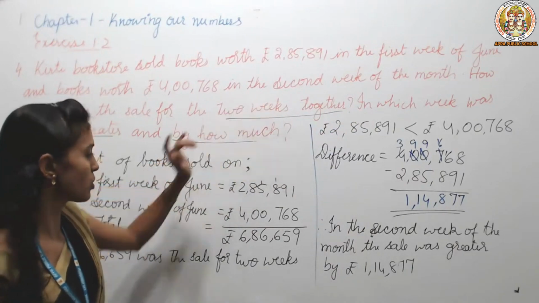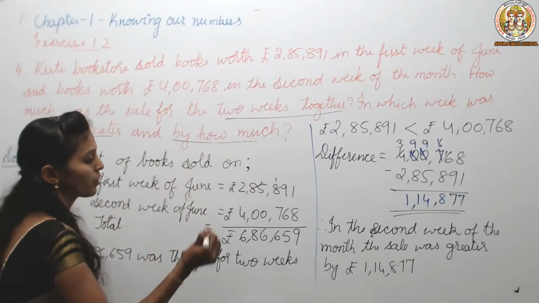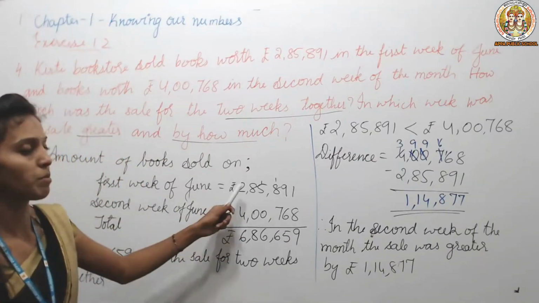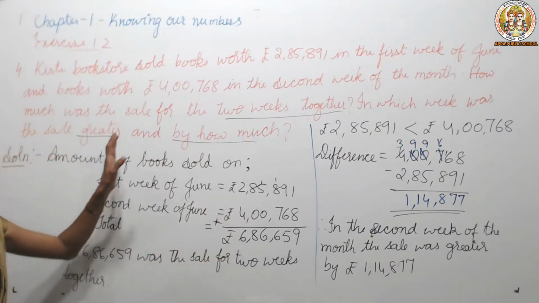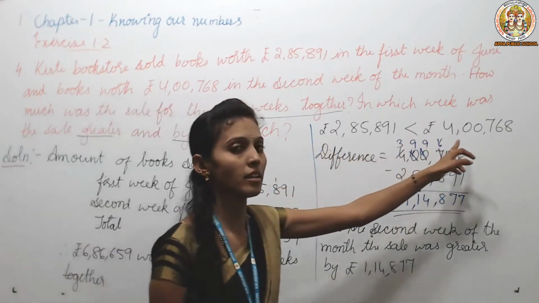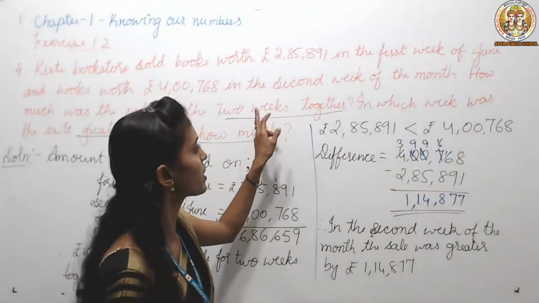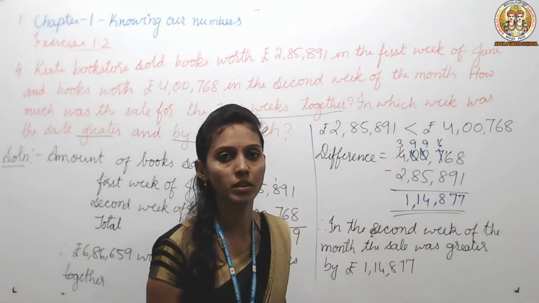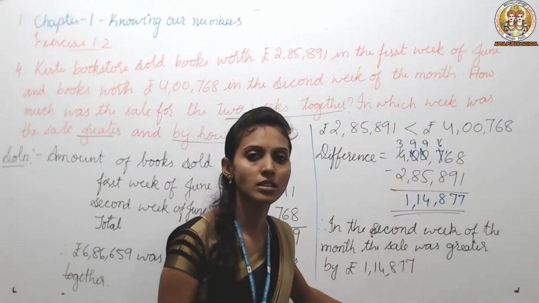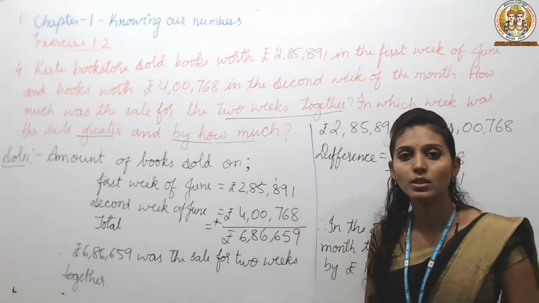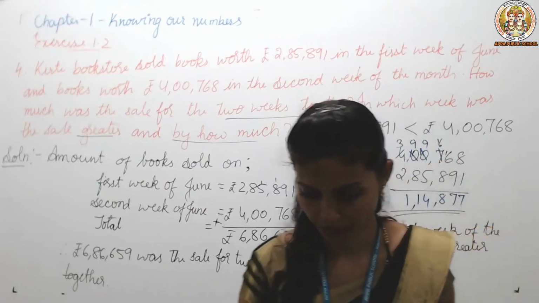To find 2 weeks together, we have to add the amount sold in those 2 weeks, and to say in which week the sale was greater, we have to compare, right? Then after comparison, to say by how much, we have to find the difference of both, right? So this is the solution. Understood? Yes. Now let us go for the next question.